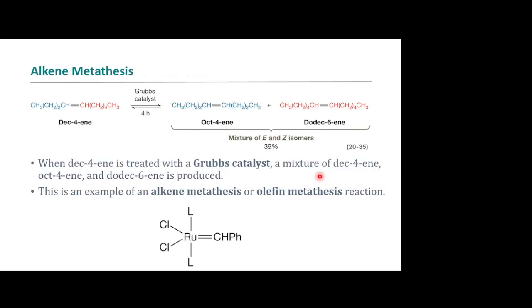So let's talk a bit about alkene metathesis. So this is going to be joining across an alkene where we can actually swap different groups across it. This can be using a Grubbs catalyst. So when we treat this with a Grubbs catalyst, this reaction is going to take 4 hours.